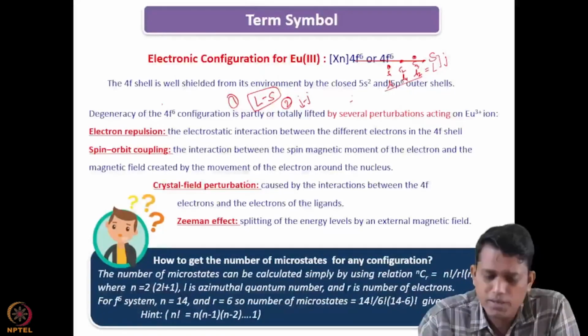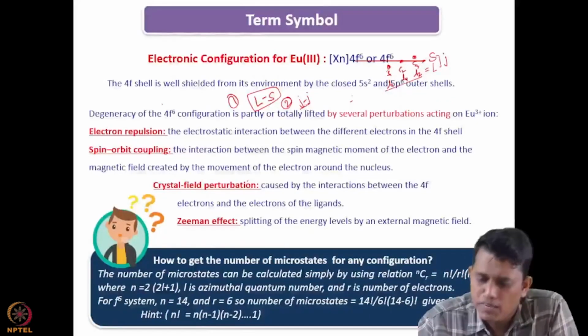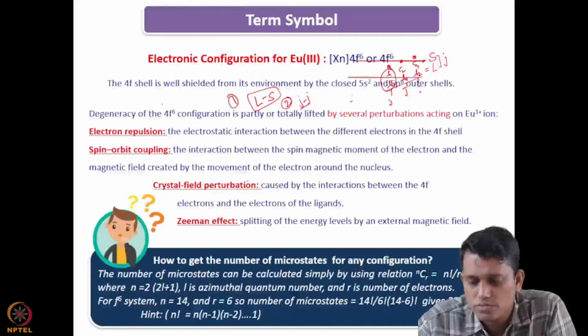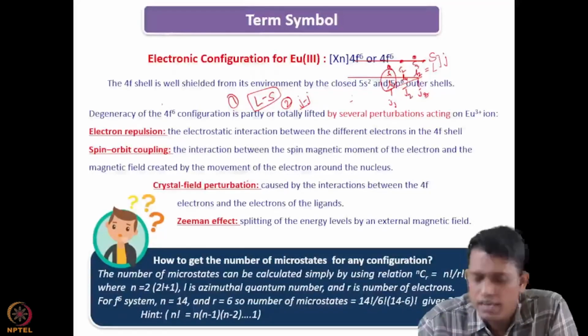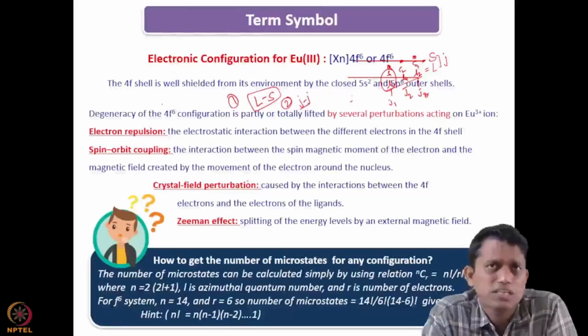Whereas in the jj coupling, which is mostly true for the heavier elements, we start with the coupling of s and l, and here we get j for each individual electron. And these j's couple weakly to give the jj coupling. So mostly LS coupling is valid up to an atomic number of maybe 30, but after that it is mostly the jj coupling that takes place.